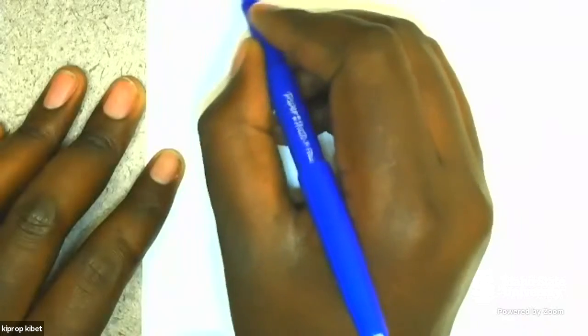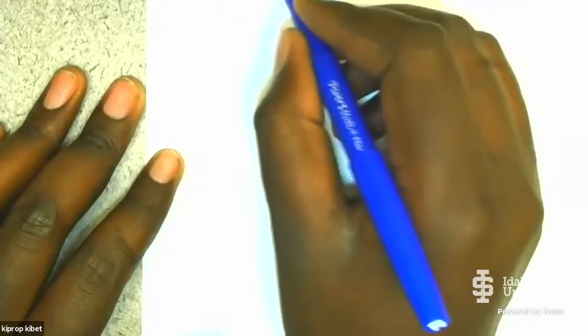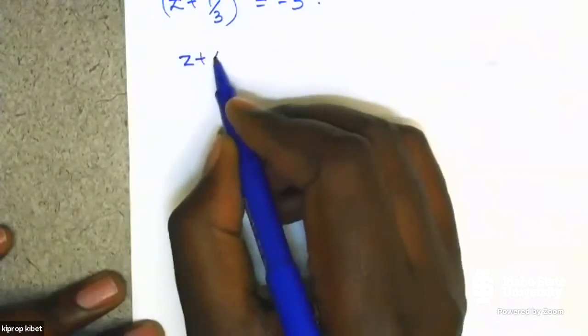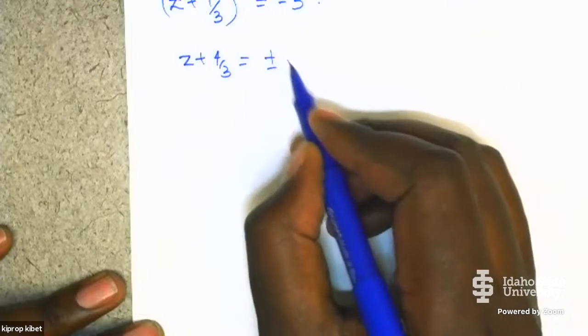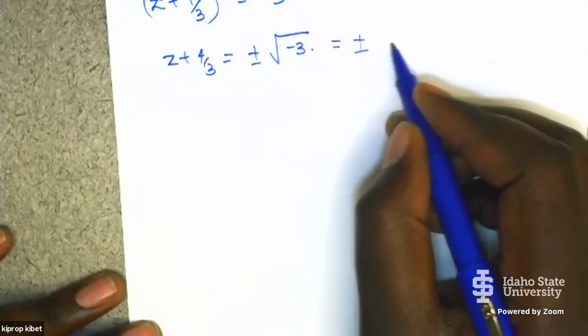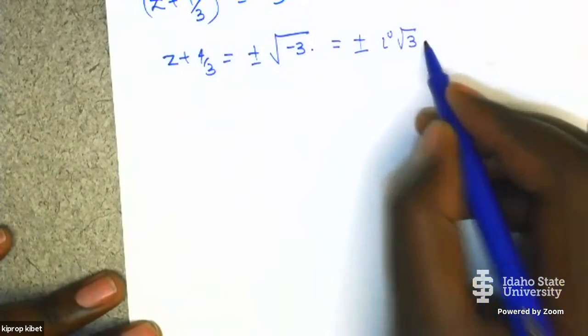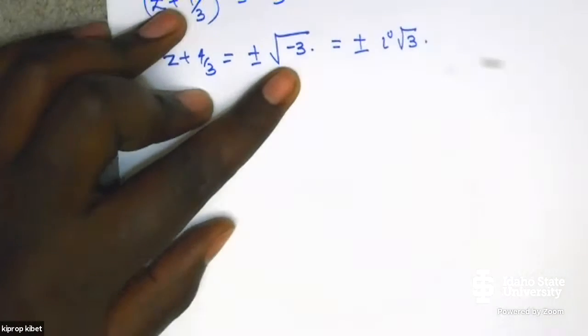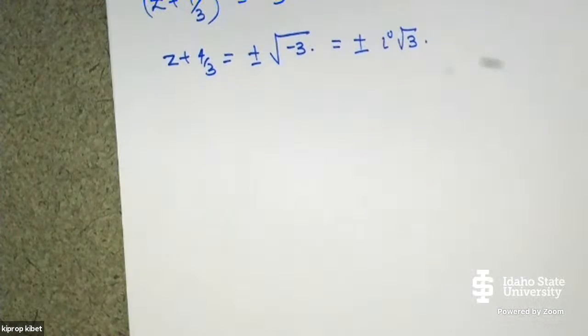Z plus 4/3 square equals to -3. How can you simplify that? Just like the other ones, you use the square root property. So Z plus 4/3 equals to plus or minus the square root of -3. This equals plus or minus i, the root of 3, since the square root of -3 is the same as the square root of -1, the square root of 3.